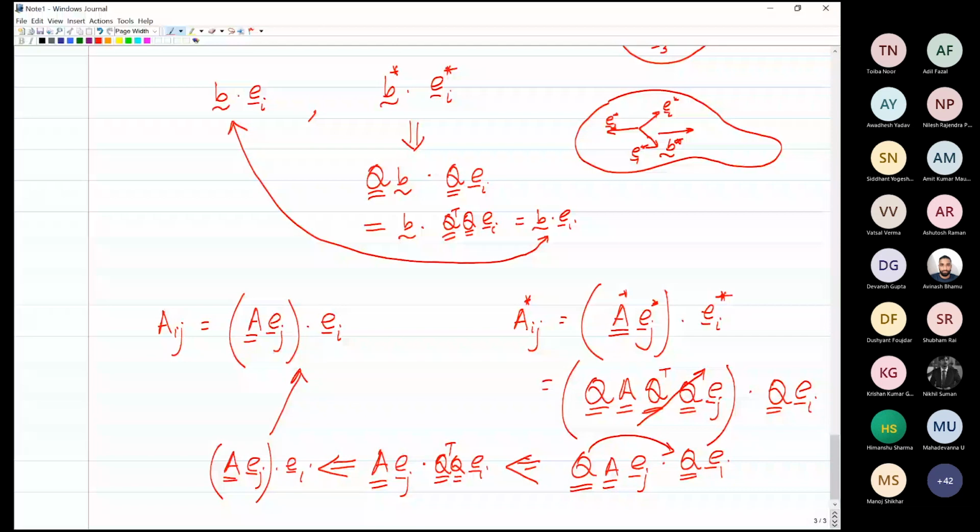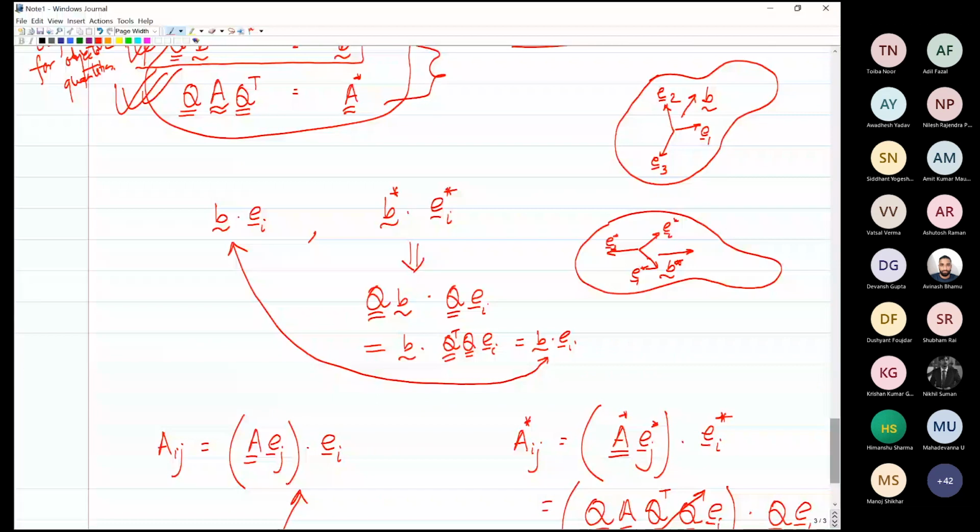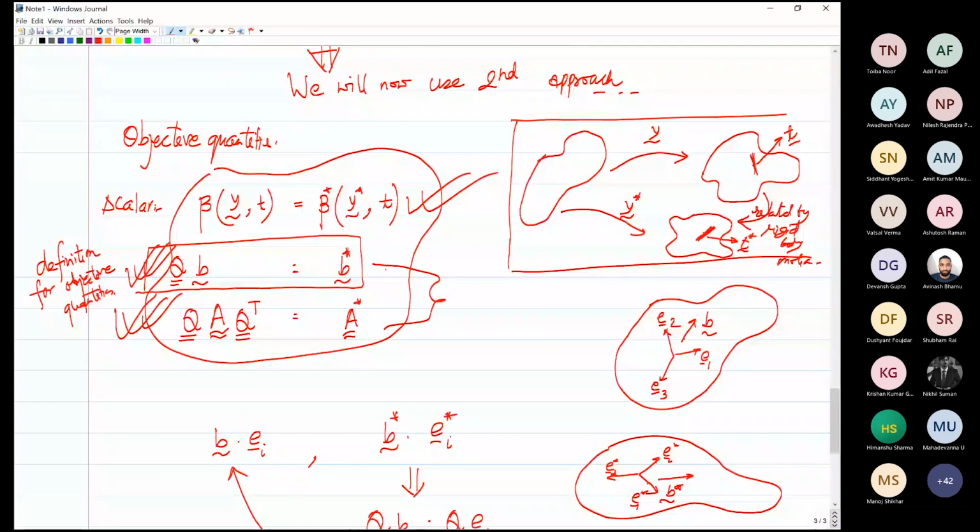So this is the reason why for scalars, it is simply b equal to b star. For vectors, b star is equal to Qb. And for a second order tensor, A star is equal to Q A Q transpose. So that's the definition for objective scalars, objective vectors, and objective tensors.